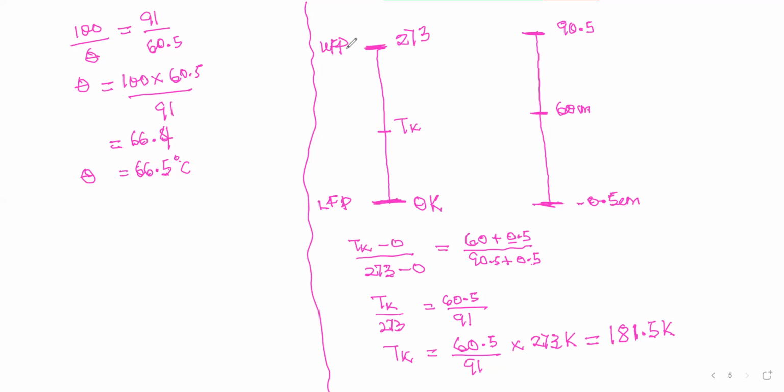Don't link it to the conversion. With conversion and the change in temperature, we are still using 273, the triple point, as a lower fixed point, and 373. For this kind of calculations, I'll be giving you similar questions.